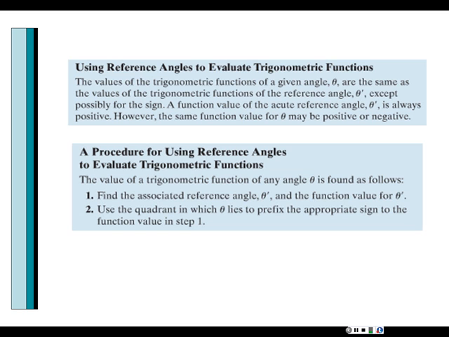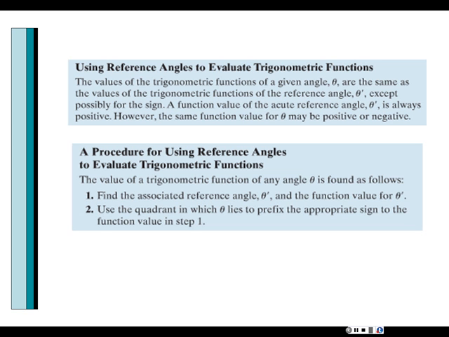Since that is 240, we know that it must be lying in quadrant 3, right? 240 is larger than 180, less than 270, so that's quadrant 3. So we'll be deciding the sign based on that quadrant, but the absolute value will be coming from cos 60, because for 240, the reference is 60.